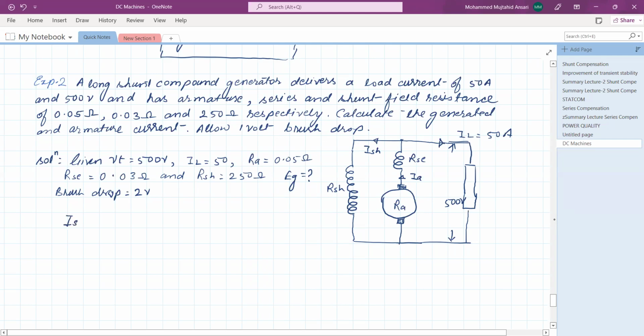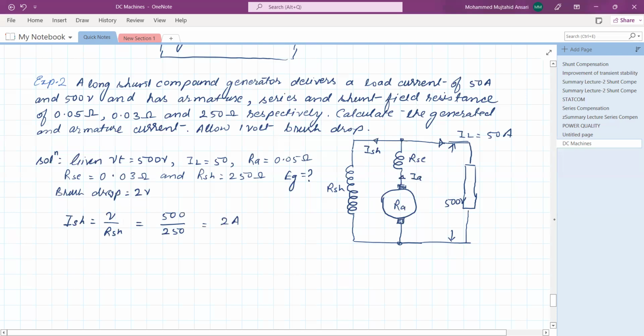First we will calculate ISH, which is equal to 500 volt, the same voltage that appears across the shunt field winding. So V divided by RSH, which is equal to 500 divided by 250 ohm. It is equal to 2 ampere.